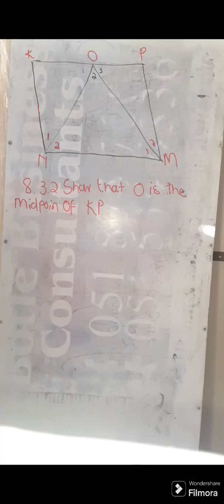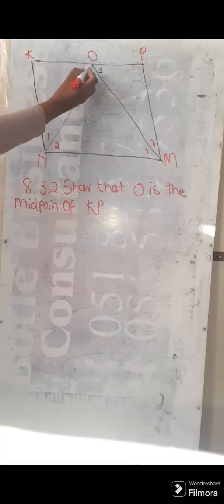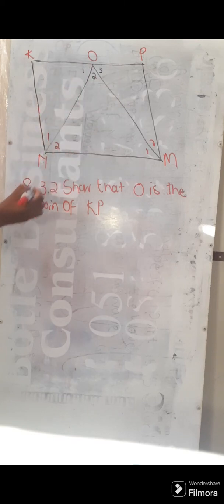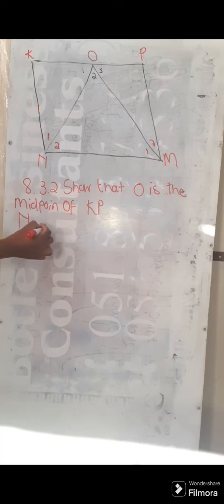The first thing you can notice is that when we do the Z, N2 equals O1, and that is alternating angles.